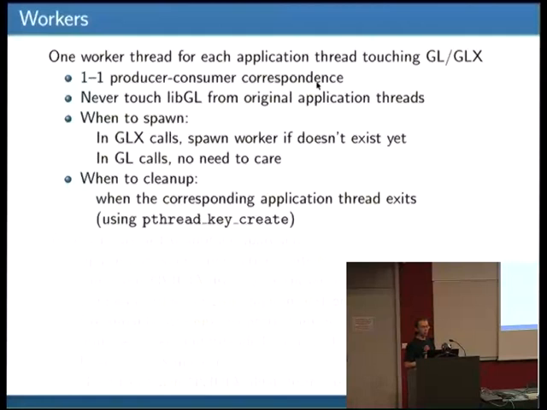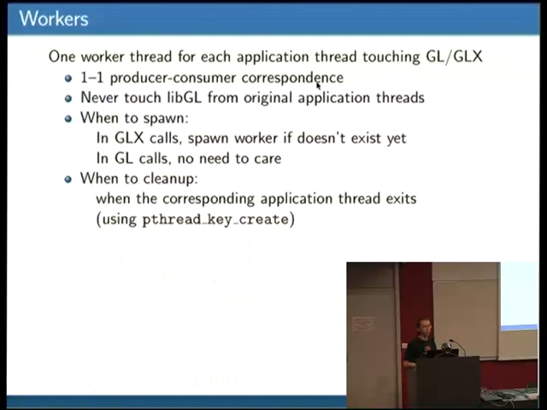And so when an application thread makes a GLX call, you check if a worker has been spawned for this application thread. If not, you create it. If an application makes a GL call, either it has made a GLX make current before and you have a worker, or it invokes undefined behavior and, well, who cares?